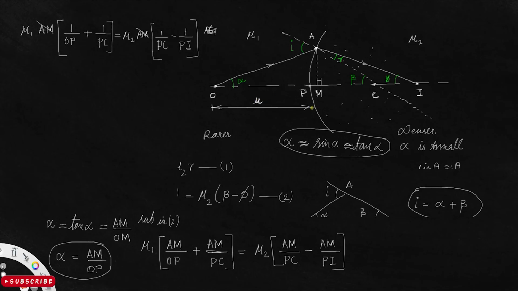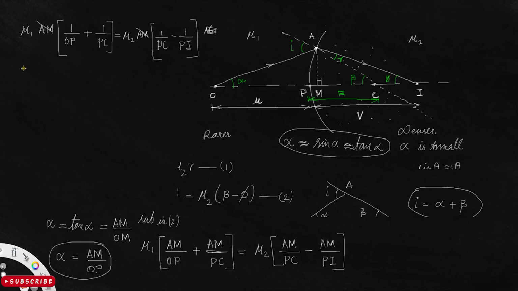From P to the image we'll take that distance as v, the image distance, and one more factor, the distance between P and C, that's our radius of curvature r. One more point: whatever is on the left of P, we have to take as negative, and on the right of P we have to take as positive.